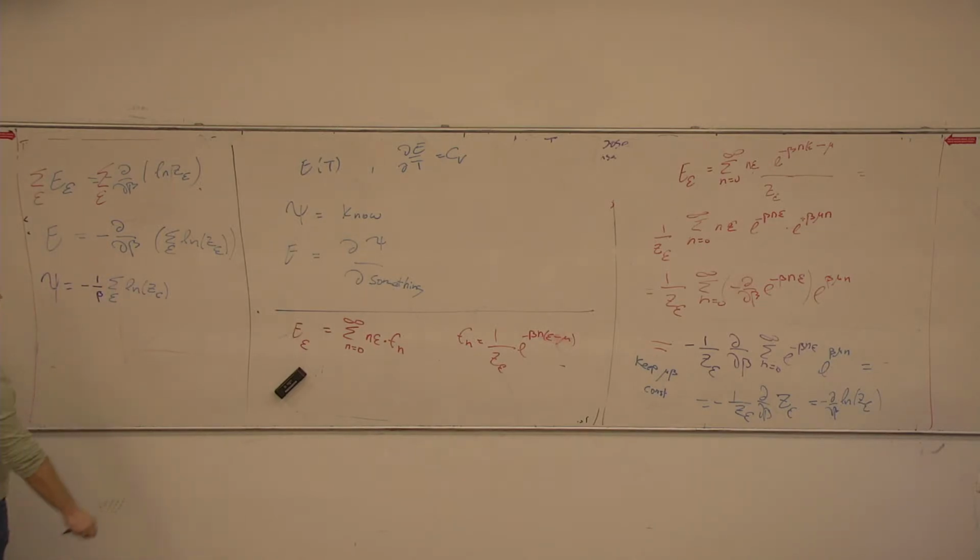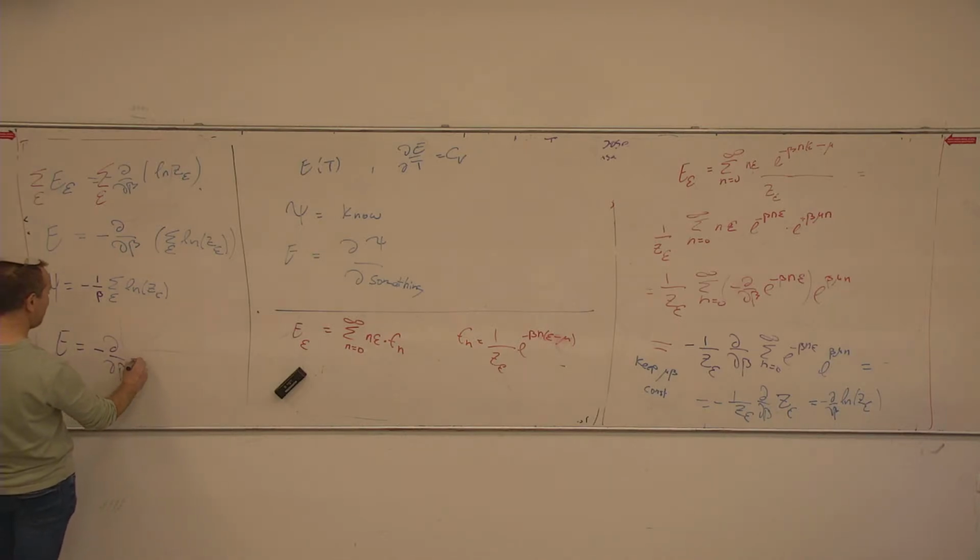Okay? So what we have is that E equals minus d/d beta of what? Minus beta psi.